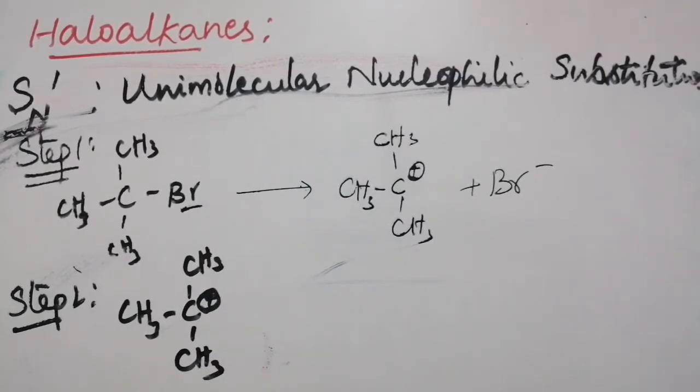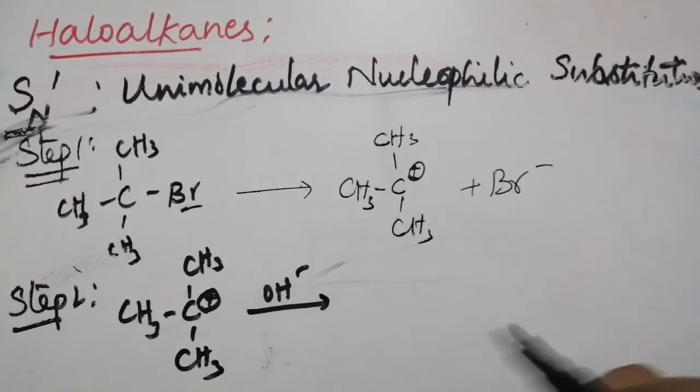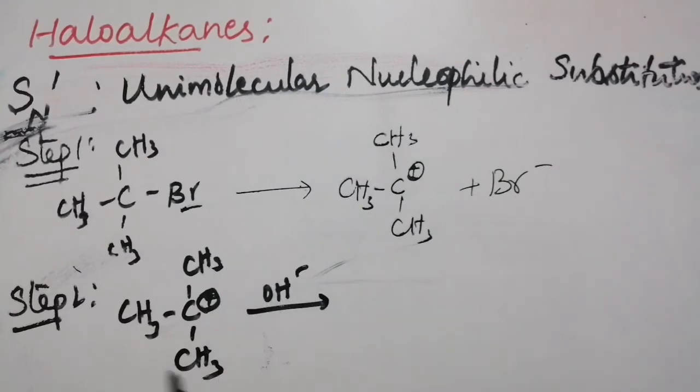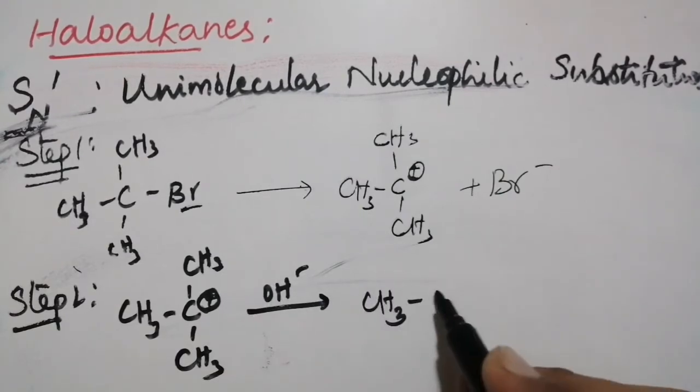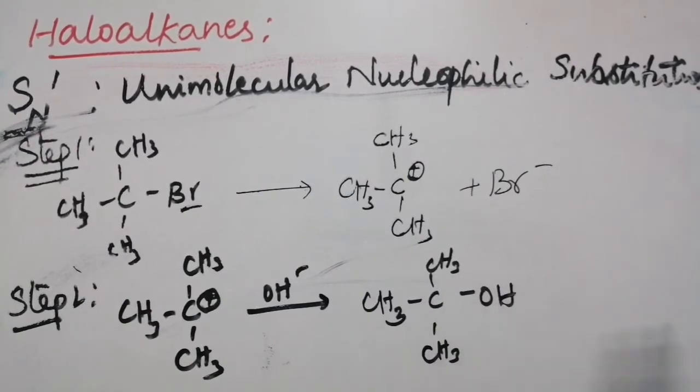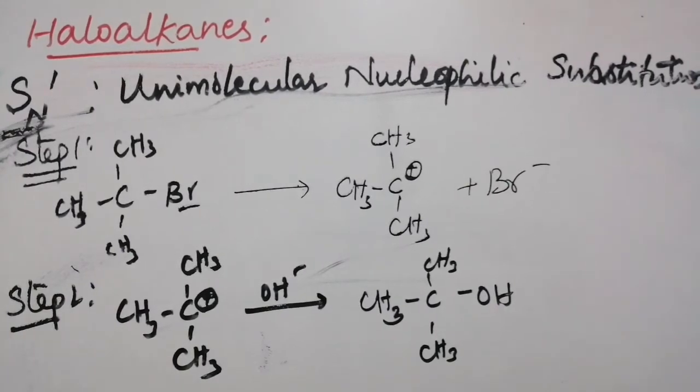So the formed stable carbocation is attacked by OH minus, so opposite charges attract, and my tertiary butyl alcohol is formed. Thus OH is attacked and my tertiary butyl alcohol is formed. So that is step 1 and this is step 2. This itself is the reaction of unimolecular nucleophilic substitution.